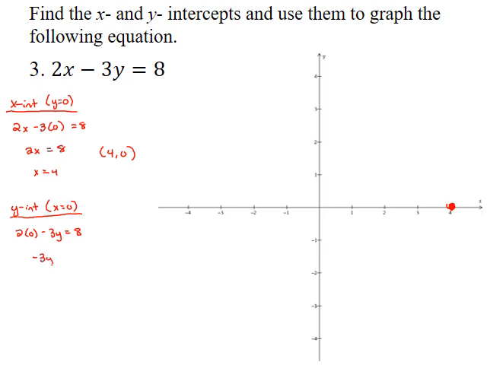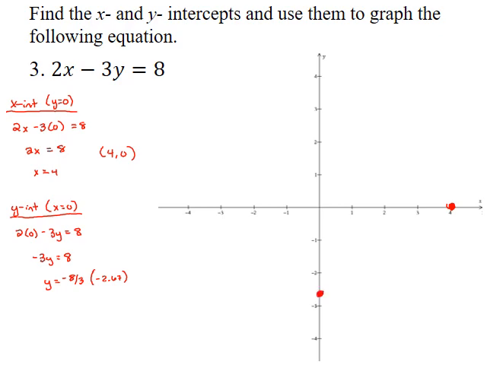That's going to give me negative 3y equals 8. And then dividing by negative 3 is y equals negative 8/3. Now, if you were to type that in your calculator, that's about negative 2.67 roughly. So when I go to plot this, I'm going to go down to about negative 2.7, and that's going to be about right there, just to give me an idea.